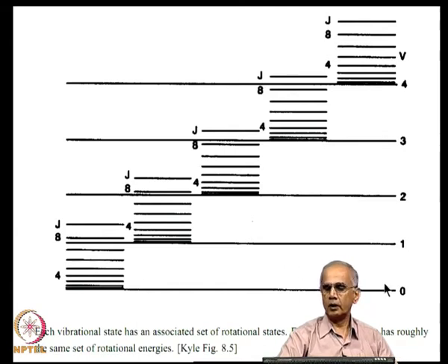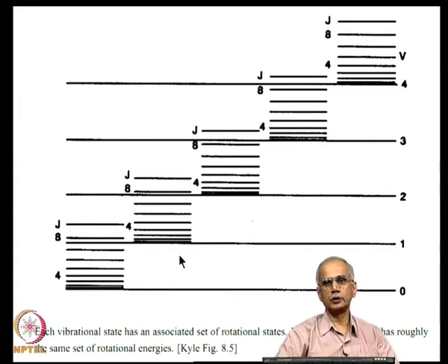So, when a photon comes and is absorbed by a molecule, and it has energy slightly more than what is required to take the molecule from this state to this state, the additional energy will be used to shift the molecule not only from v equals 0 to v equals 1, but also from, let us say, j equals 0 to j equals 1 here. So, a small change in rotation also occurs, so that the complete photon energy is fully utilized.